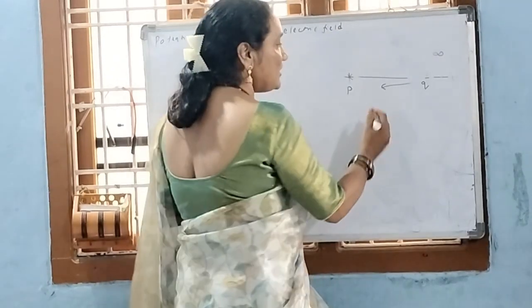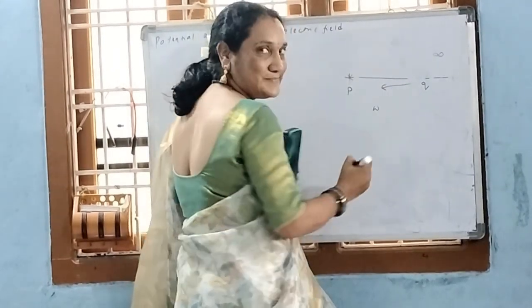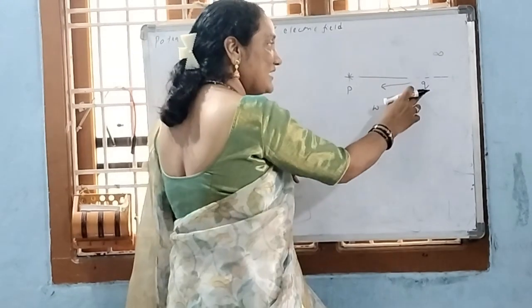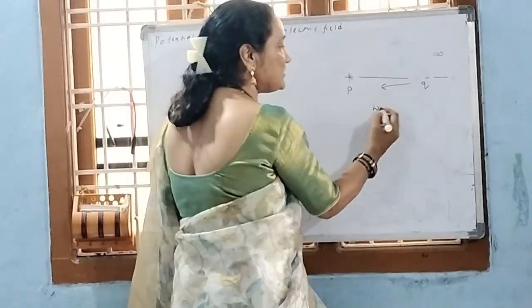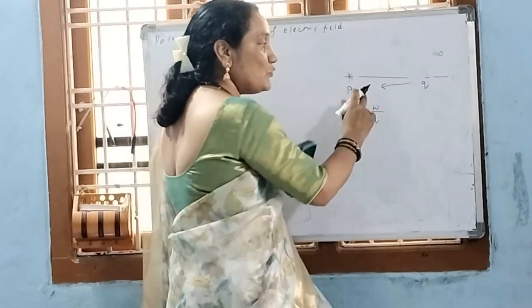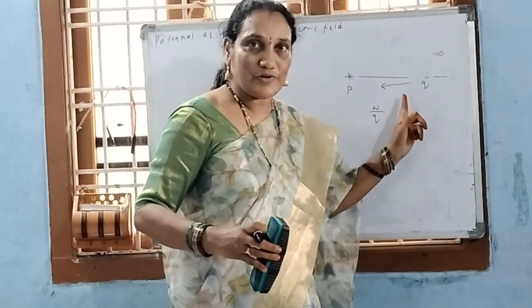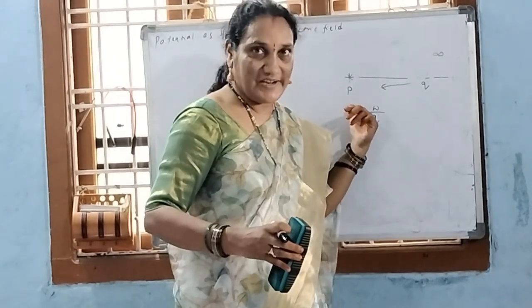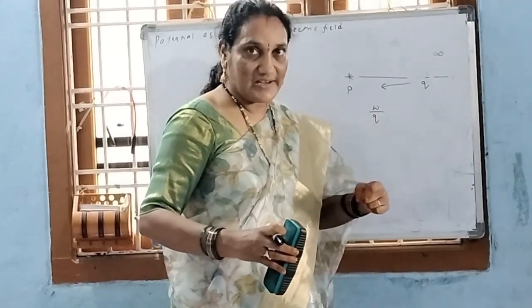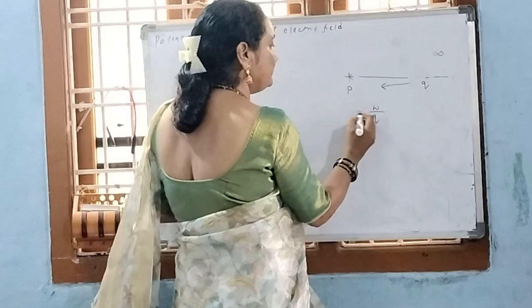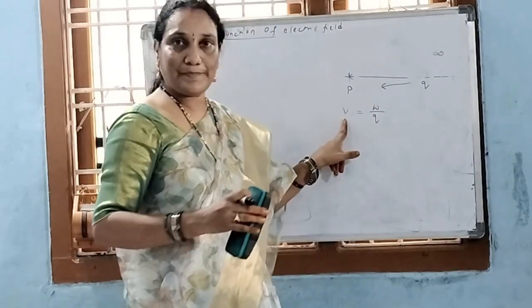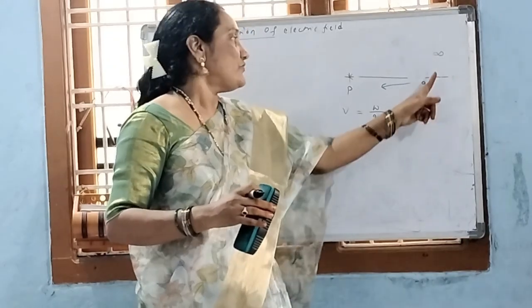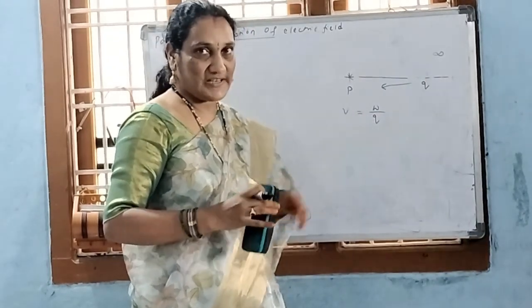For that, we have to do some work. That work done in bringing the unit positive charge from infinity to the reference point against the field, we define as electric potential.